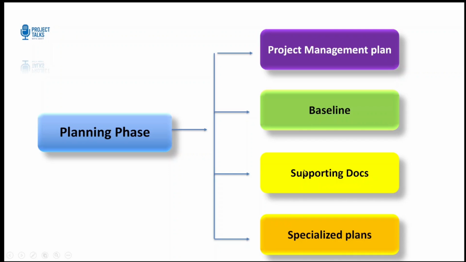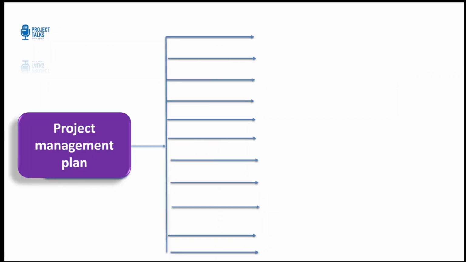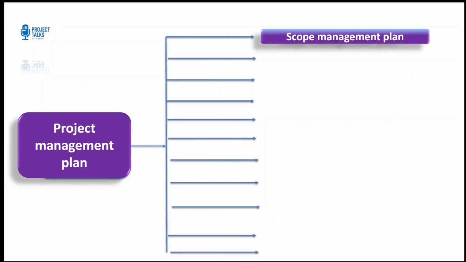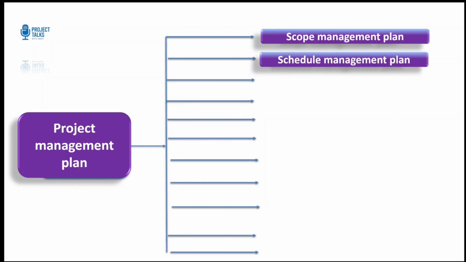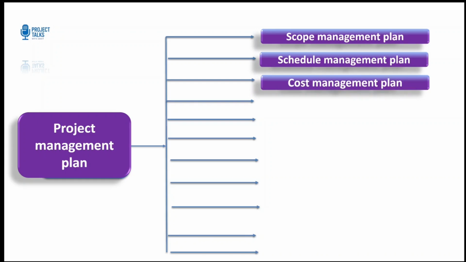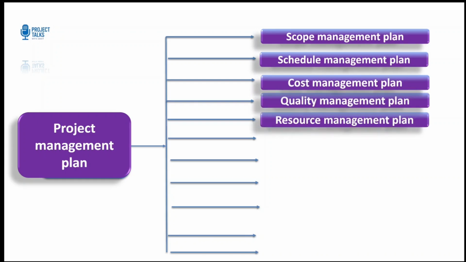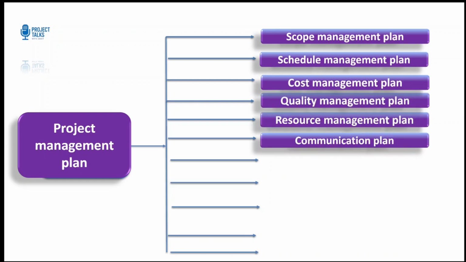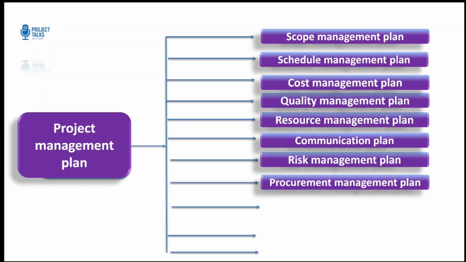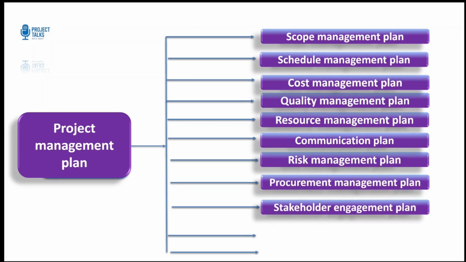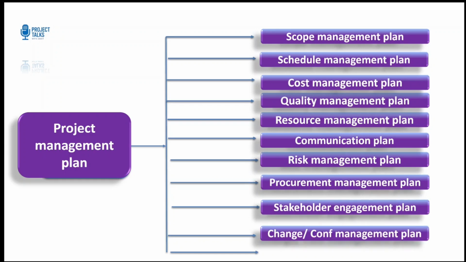Now, further, project management plan is also divided into 11 parts: the scope management plan, schedule management plan, cost management plan, quality management, resource management, communication, risk management, procurement management, stakeholder engagement, change or configuration management, and integration management plan.